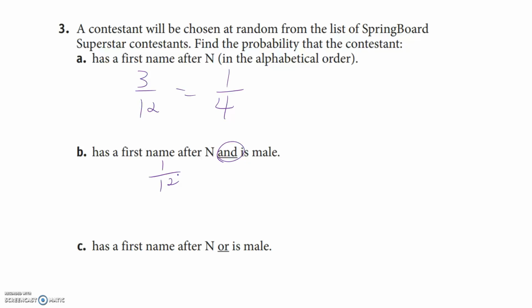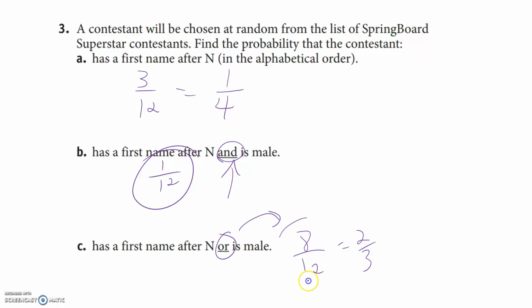And then has a first name after N or is male, then you bring in 8 out of the 12 contestants, which would, of course, reduce down to 2/3, basically what we had in question 2. So again, make your comparison. If we come up here to B, when we did our and, we only had 1 possibility, but when we brought in the or, we had 8 possibilities.